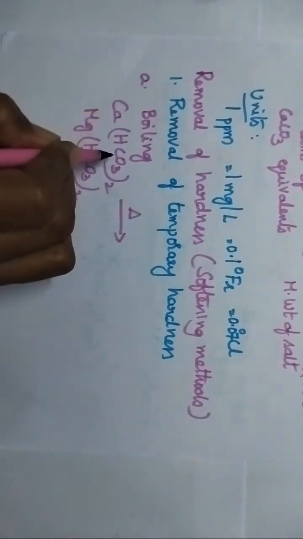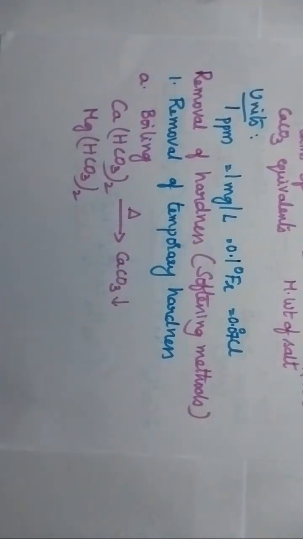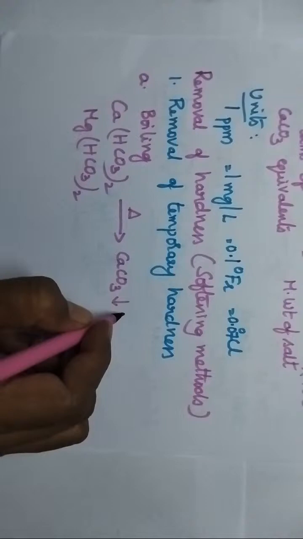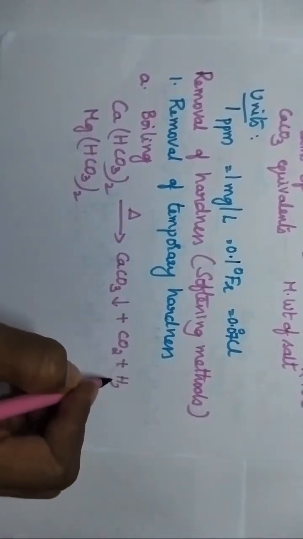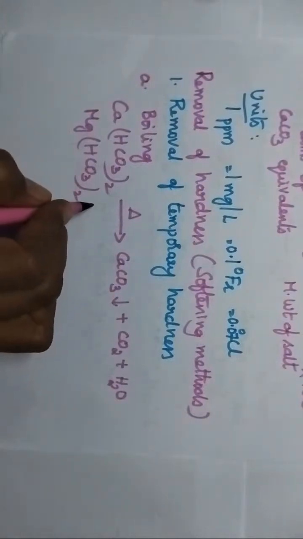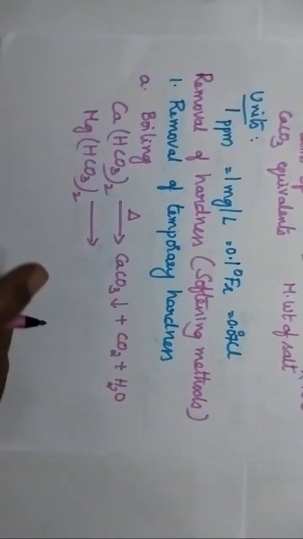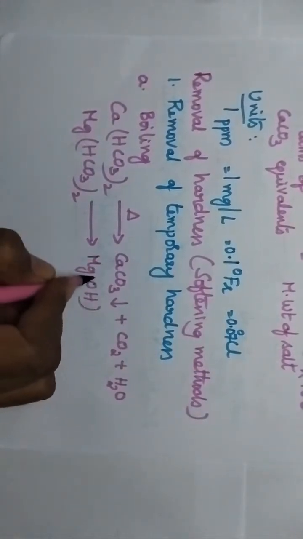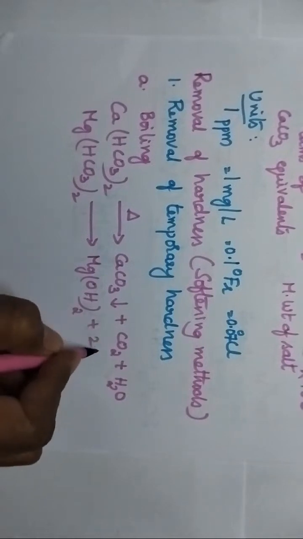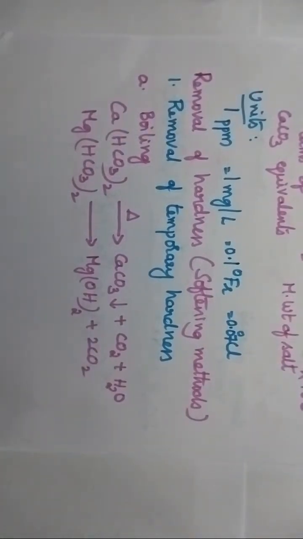The calcium bicarbonate will be converted into calcium carbonate, that is a precipitate, along with the formation of carbon dioxide and water. So similarly, whenever magnesium bicarbonate is present, then that will be converted into magnesium hydroxide, along with the formation of carbon dioxide.